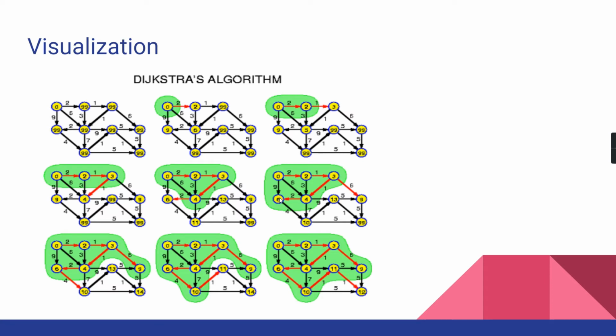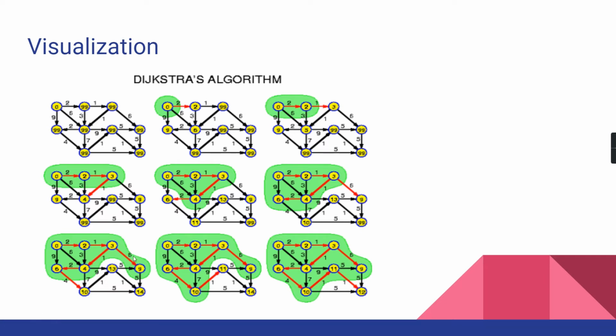Once we add 6 to the set, we're going to look at its vertices. It only has one connected vertex, which will be 10. Or, no, excuse me, I misspoke. We're going to look at this, which is going to be 10, and then we're going to look at this vertex up here, which we can see is less than 10, since the total distance to get from the source to this vertex is only 9. So we add this one to the set.